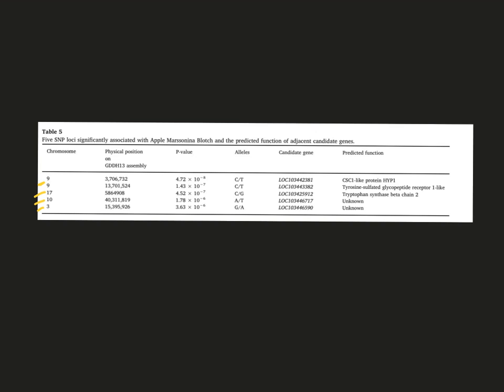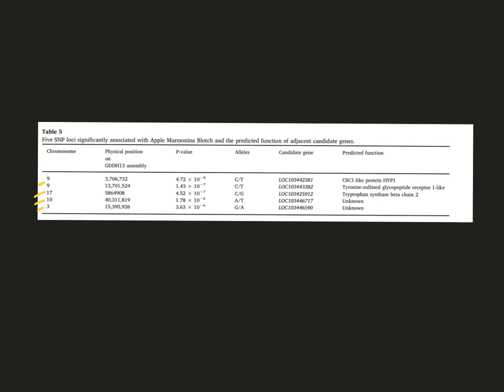You can see their physical position on this genome assembly, the p-value of their association with this blotch disease, the alleles that you see at each locus in the population, and then via BLAST or some other way that they used to annotate these genes, they found a candidate gene ID with its predicted function.